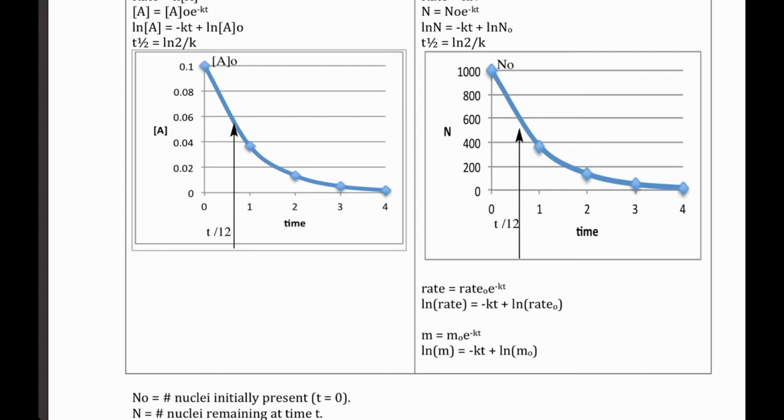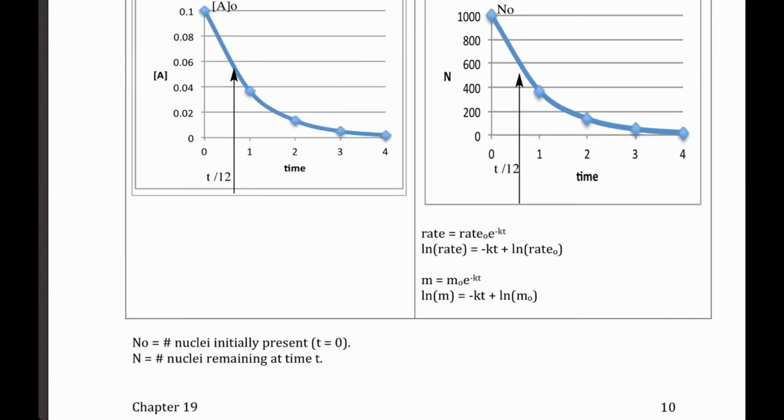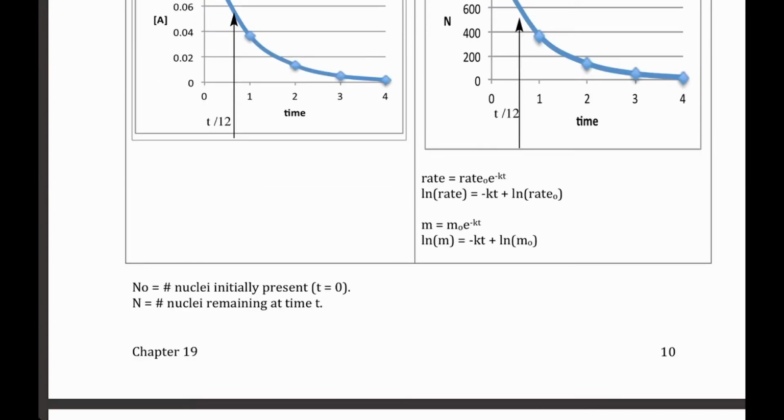So mass as a function of time is equal to m equals m naught, whatever was the original mass of the isotopes present, e to the minus kt, the linear form of it being ln of m equals minus kt plus ln of m naught. Okay, so N naught is just the original number of nuclei present. N is the number of nuclei remaining at time t.